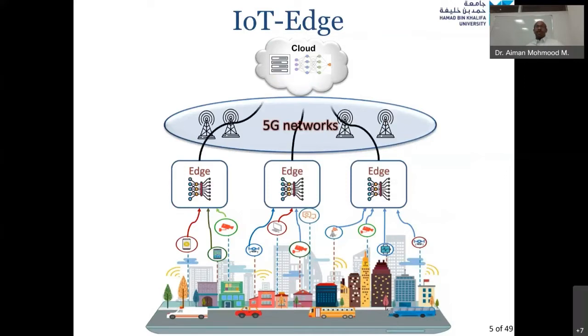Now a lot of the communication happens with these edge units, and then these edge units send part of the data to the cloud for archiving purposes and for decision making and synchronization purposes.